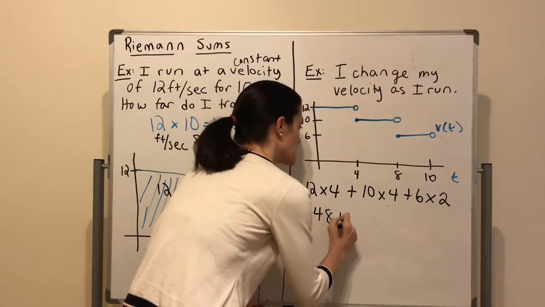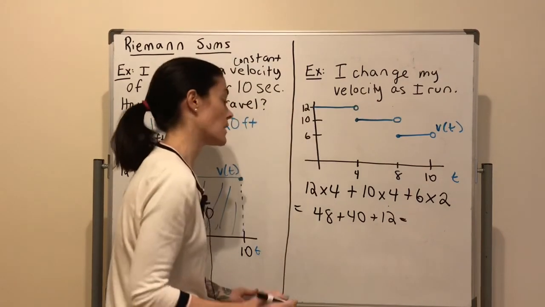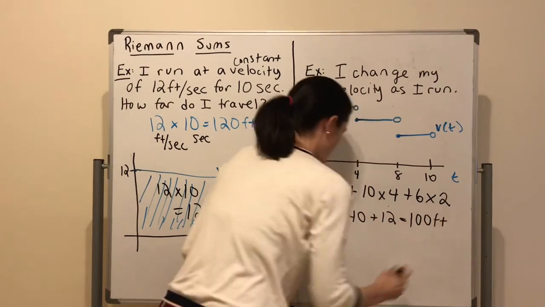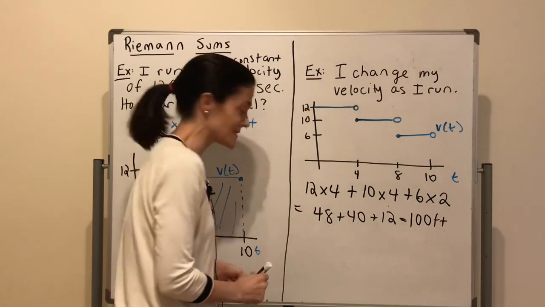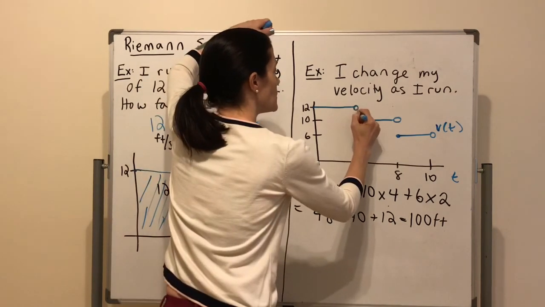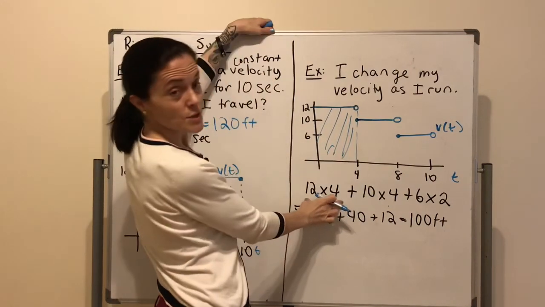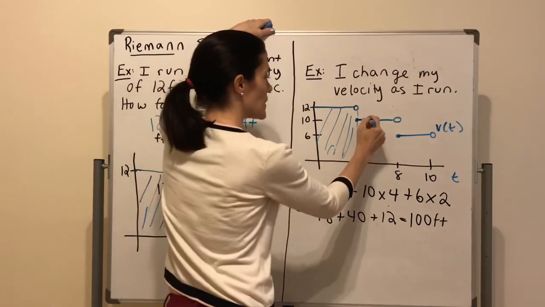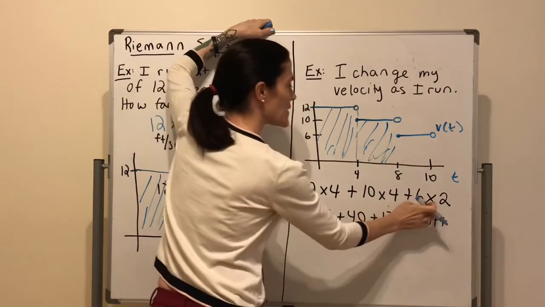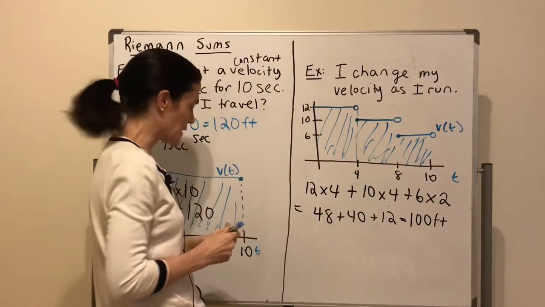This is 48 plus 40 plus 12. I've traveled altogether 100 feet. And this is the area of rectangles also, because this first term is this area, the second term in the sum is this area, and the third term in the sum is this area.